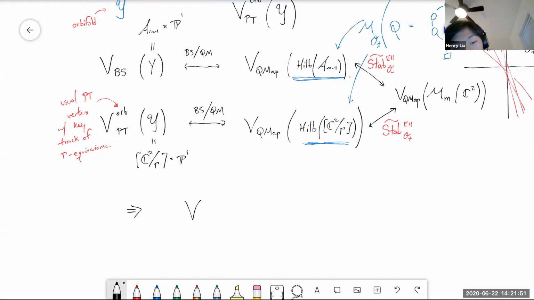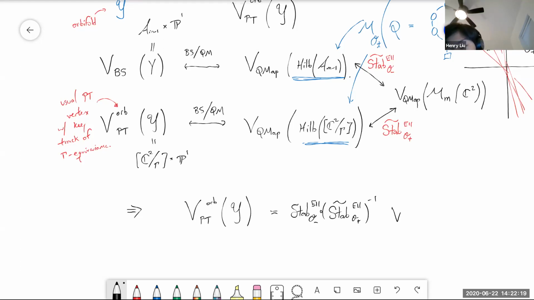You should see that the orbifold PT vertex of the underlying orbifold will be something like stab theta plus inverse, stab theta minus inverse, apply to the, sorry, I did this backward, didn't I?